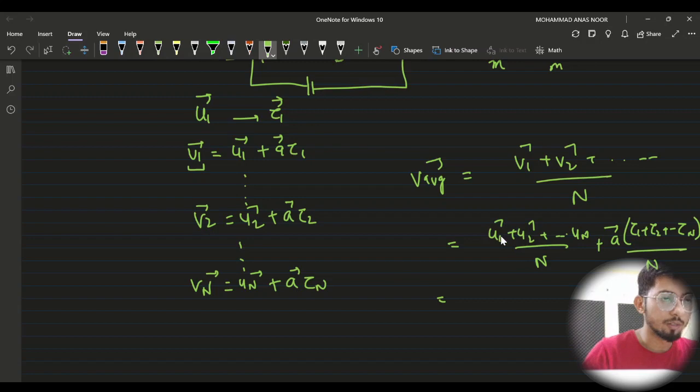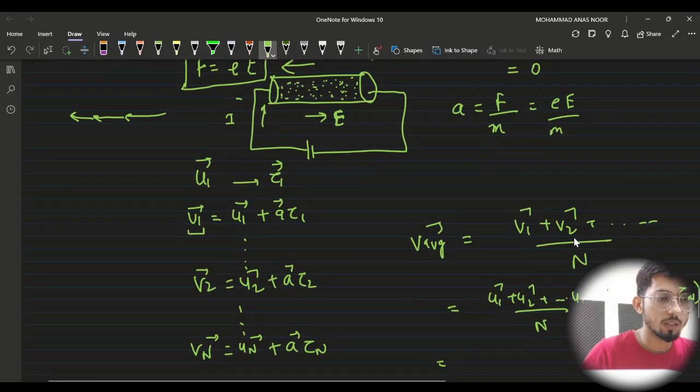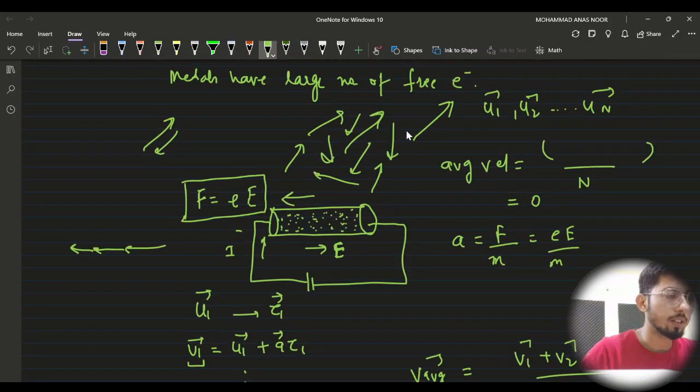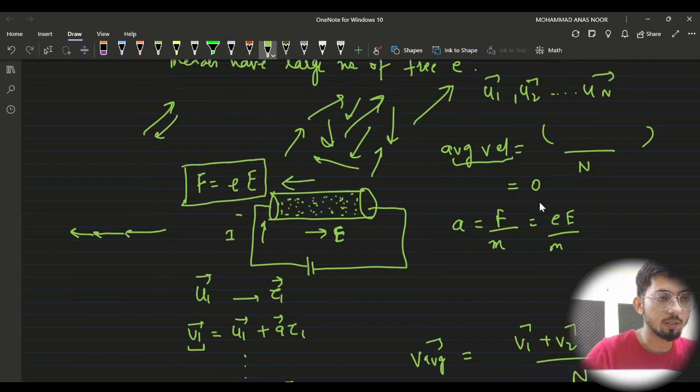Now this u1 plus u2 up to un divided by n is the initial random velocity of these electrons, which had no electric field applied to them. So that average velocity, u1 plus u2 up to un over n, was 0, no?